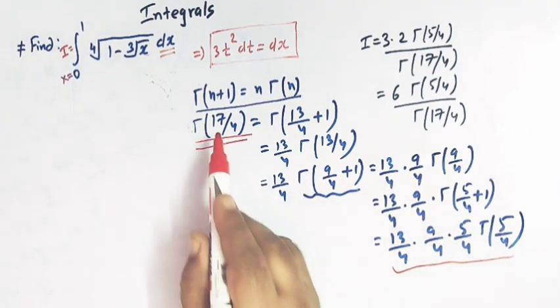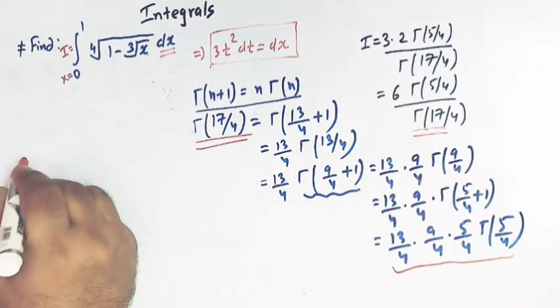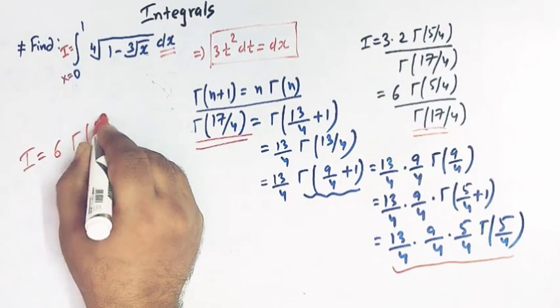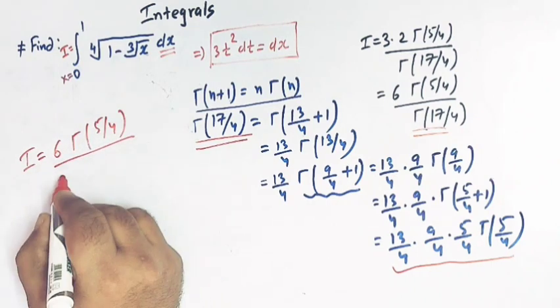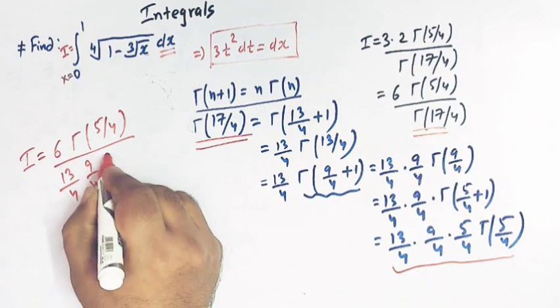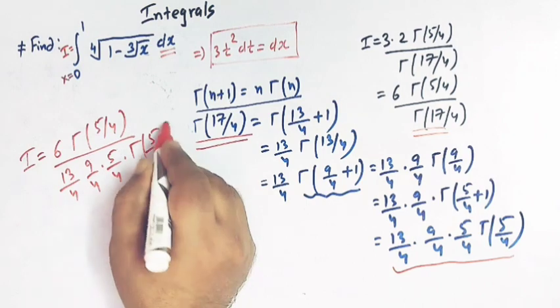So substituting the value of gamma of 17 over 4 over here, the value of I is 6 times gamma of 5 by 4 over 13 over 4 times 9 by 4 times 5 by 4 times gamma of 5 by 4, right?